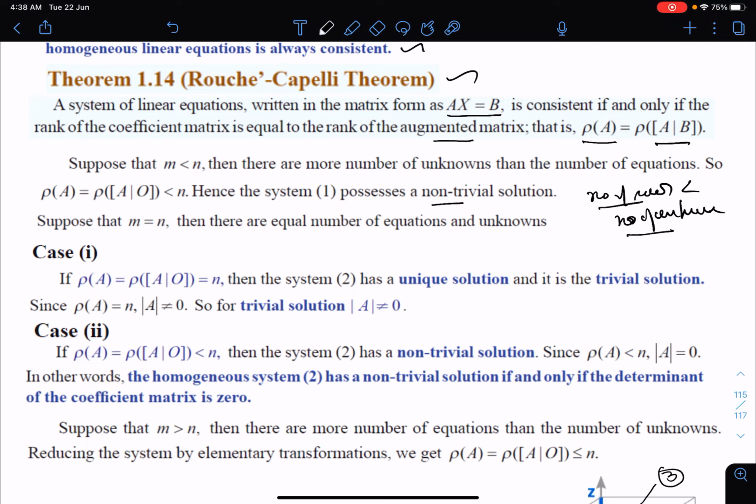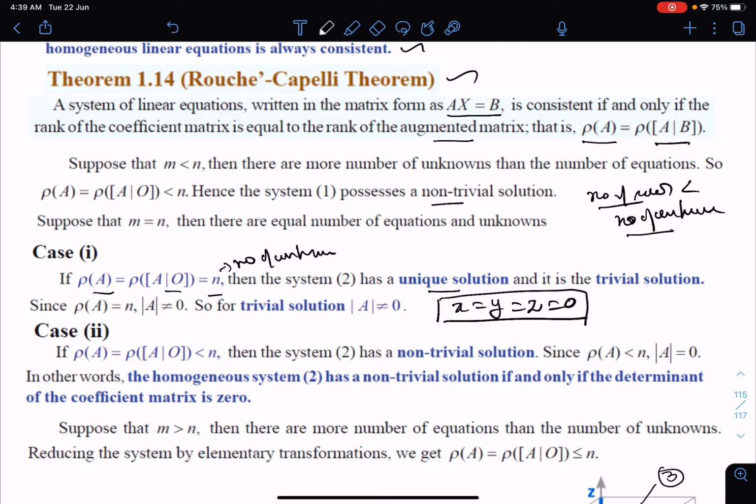Case 1: if the rank of A equals the rank of the augmented matrix [A|O] equals n, then the system has a unique solution, where n is the number of unknowns, and it is a trivial solution, since the rank of A is equal to n and determinant of A is not equal to 0. The trivial solution is nothing but x = y = z = 0. It is called the trivial solution because it passes through the origin.